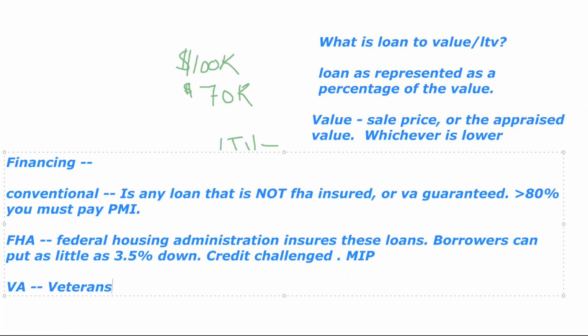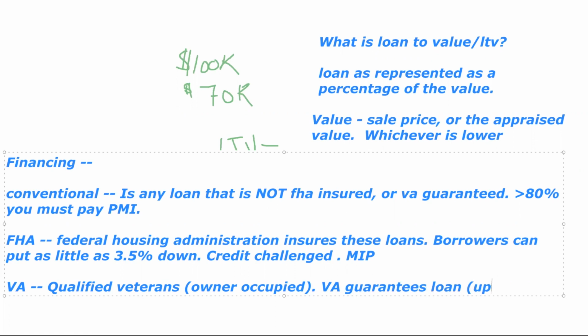And once you qualify, so I would say qualified veterans, it has to be owner occupied. So meaning you cannot basically go out and take out all these VA loans. The VA guarantees the loan, okay? And they guarantee basically like up to 50% of it. That's really kind of what you would need to know there.